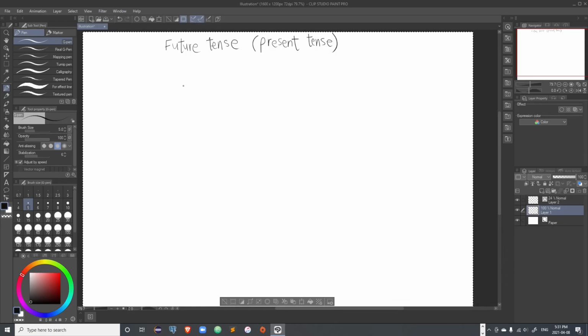For simplicity, I will use I. I will eat. So it will be أنا because we write from right to left, but this will match with this.